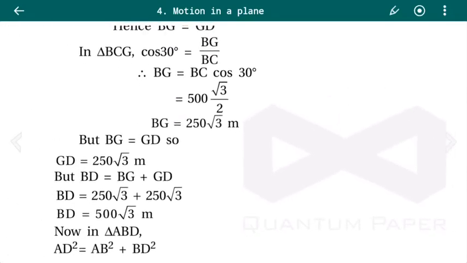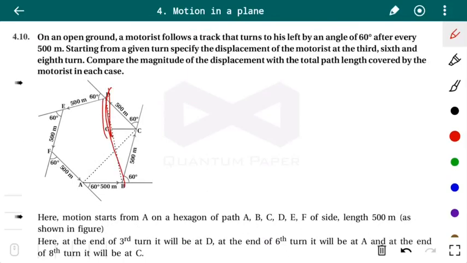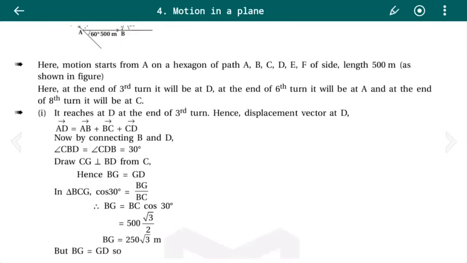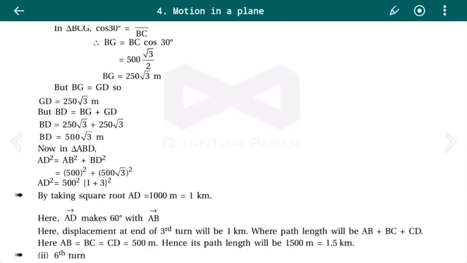But here BD is equal to BG plus GD, that is 250 root 3 plus 250 root 3, which is 500 root 3 meters. So BD is equal to 500 root 3 meters.